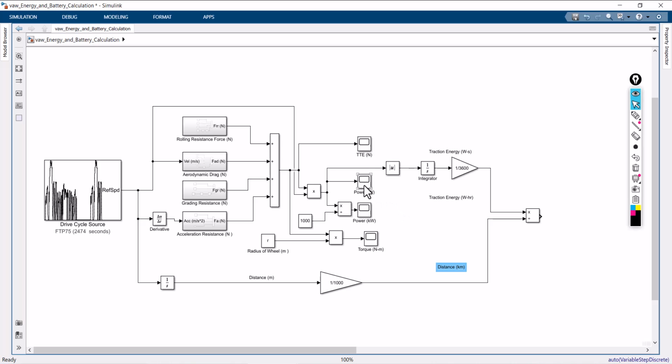This will give you the energy consumed, that is watt hour per kilometer.